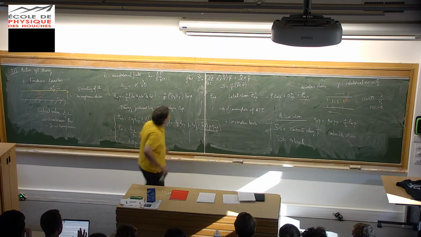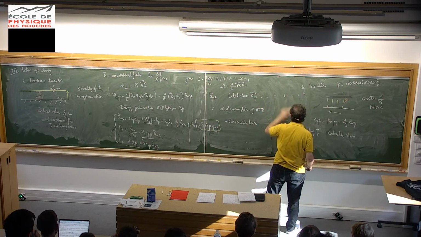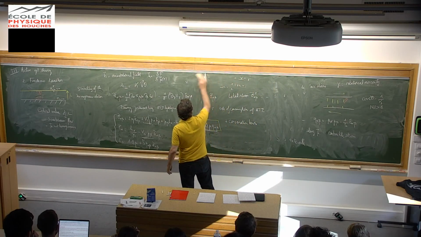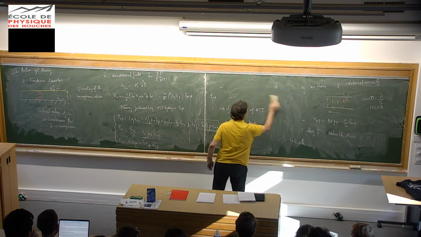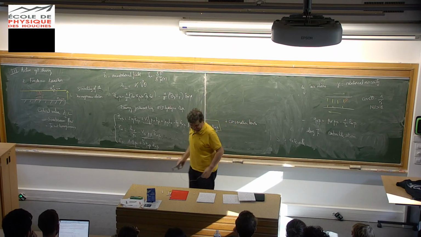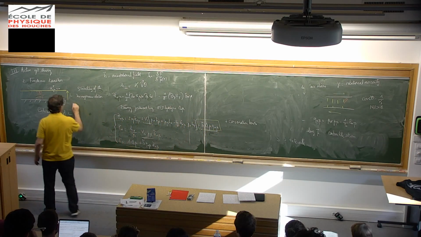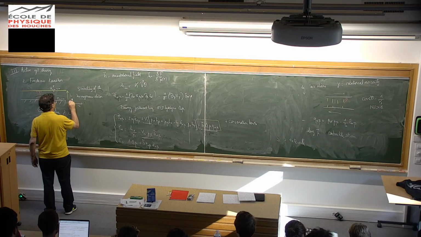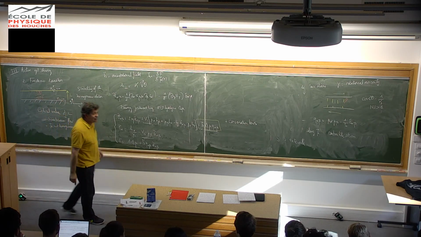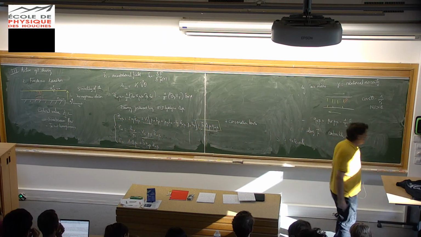Okay, so let's do it. I need to keep these equations. So I'll call x this direction, y this one, and my system is invariant by translation along the x direction. So Vx only depends on y, and there is no Vy.